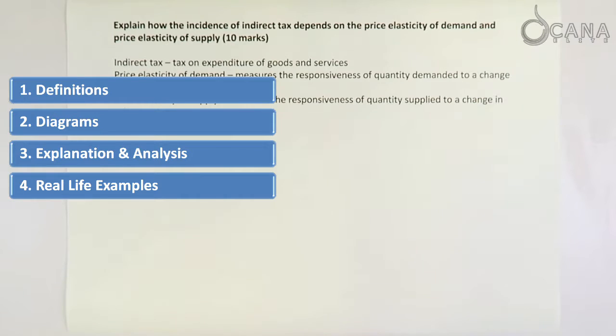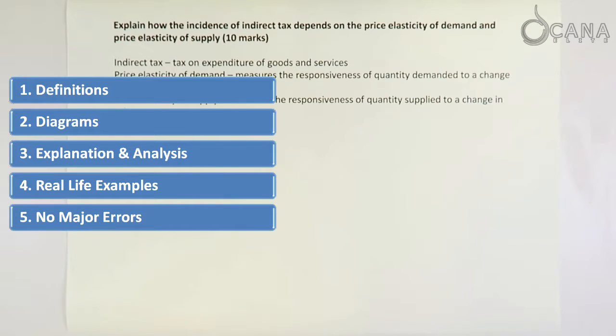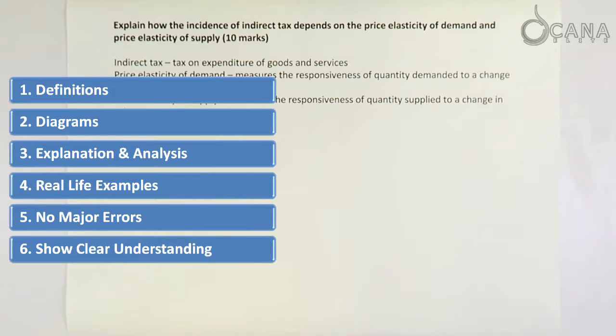Number 5 is to avoid any major error, for example, mixing up indirect tax or subsidies. And number 6 is to show clear understanding of the demands of the essay, which means that you can come up with an essay within the time limit, so no unrelated materials in there.